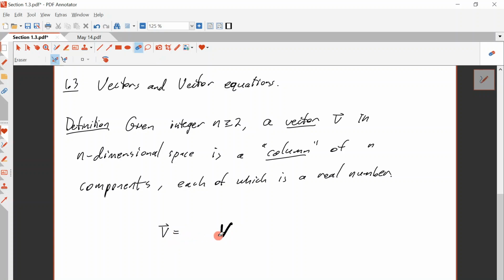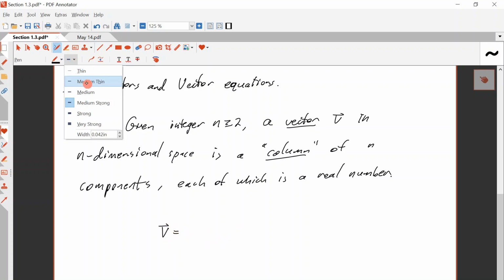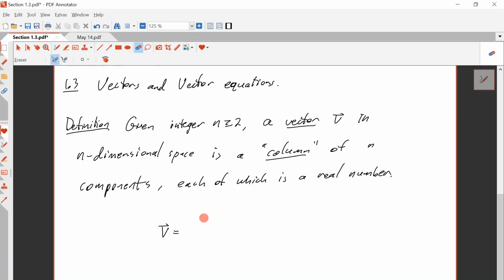But in handwritten notes, or sometimes in typed notes as well, a vector V is written with a little hat on it. So it's just like this: A1, A2, AN.